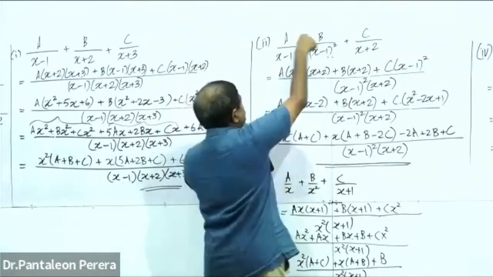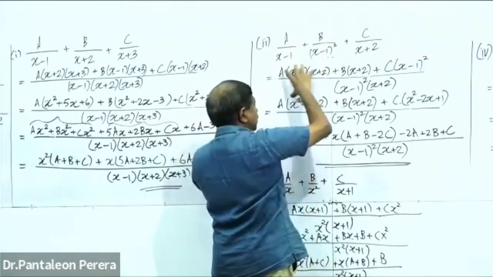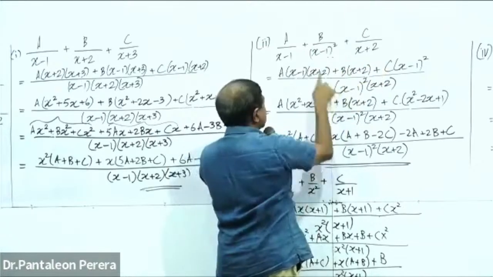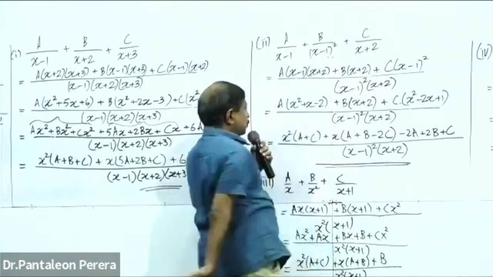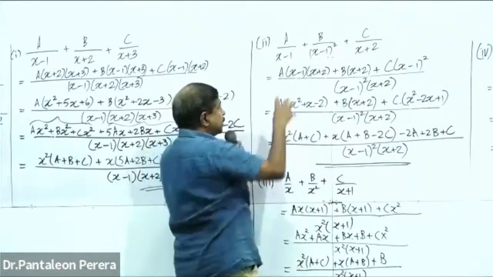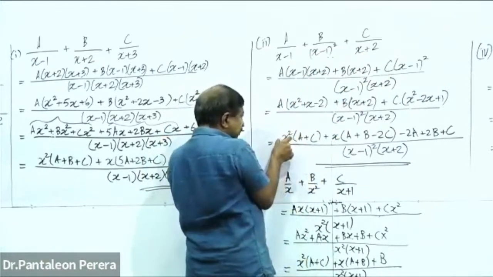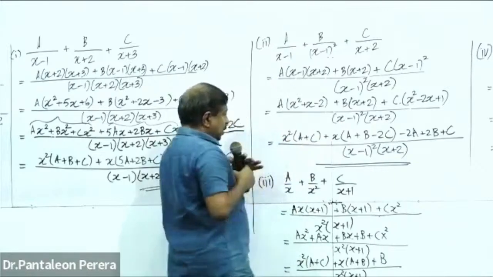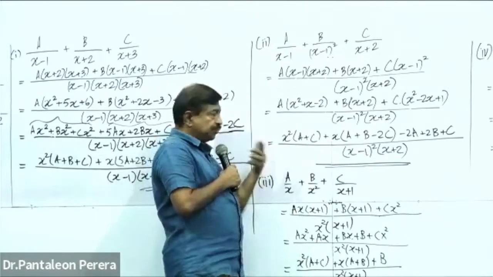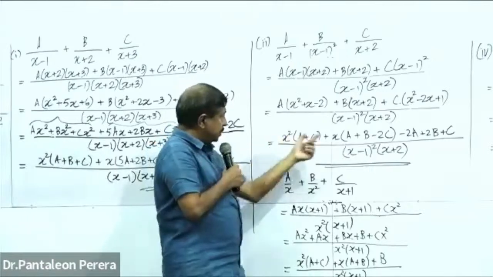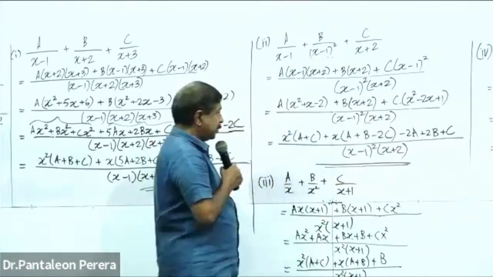Means that you have some constants like A, B, C. You take everything above one common denominator, then you simplify them like that, and then gather similar terms like coefficients of x cubed, if any, otherwise x squared, x, and the constant terms.